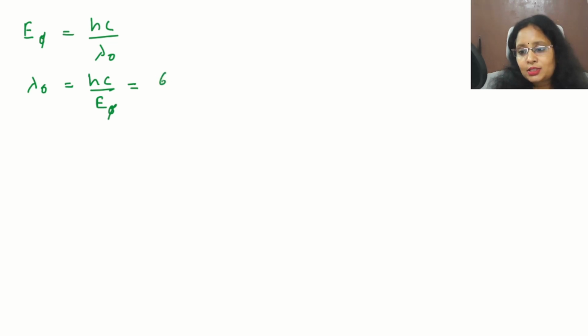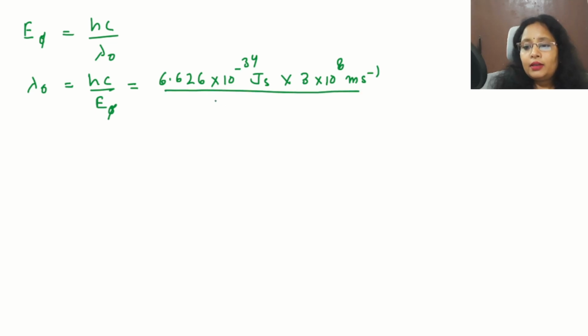H is 6.626 into 10 to the power minus 34 joule second, into C value, 3 into 10 to the power 8 meter per second, divided by work function 3, which is the maximum value of work function, 4.97 into 10 to the power minus 19 joules.